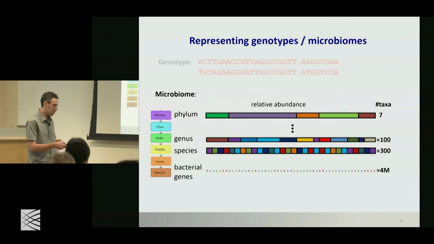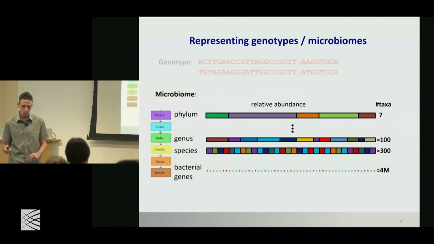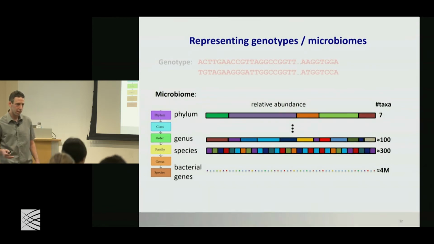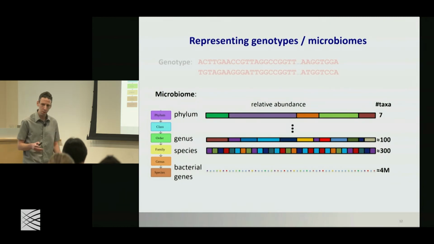But if we go down, then the resolution becomes much higher, but it's probably a bit noisier, and it's much more difficult to work with because it's very high-dimensional data. And this decision will form a large part of this talk, mainly of the second part of this talk.